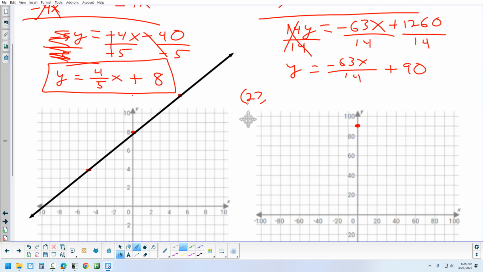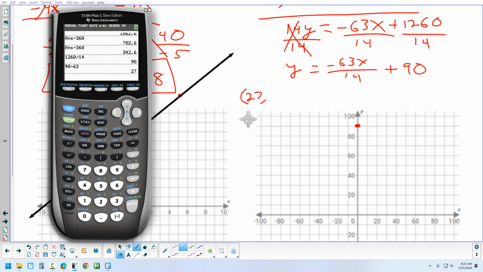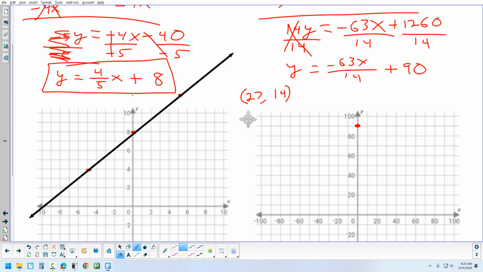And I have to go right, how much? 14. I'm at 0, so when I go right 14, I'm just at 14. So that's my next point, 27 comma 14. So not a nice point. So 27, probably about right there, right under 30. And then 14, I'm probably a little too far to the right.